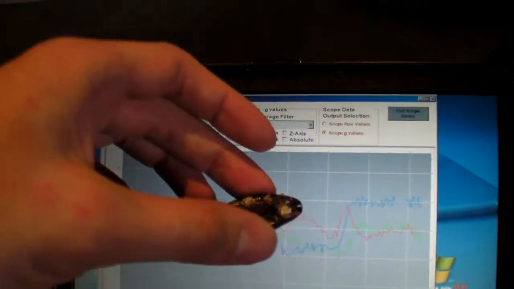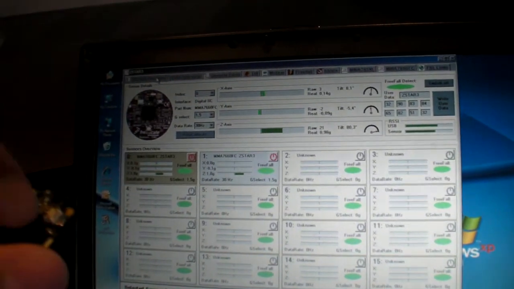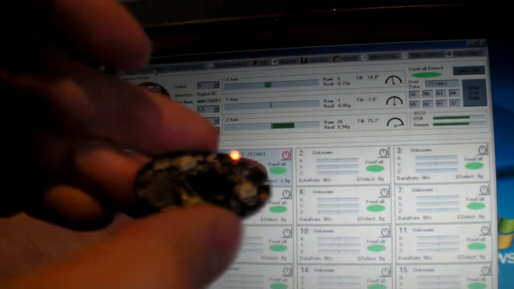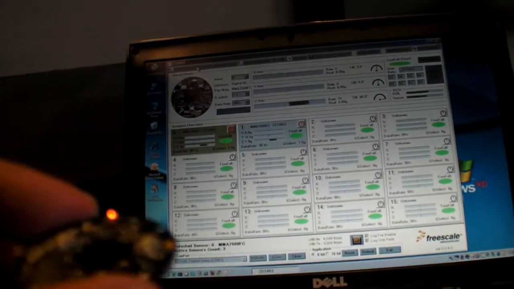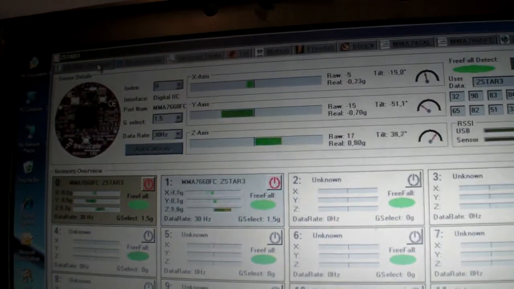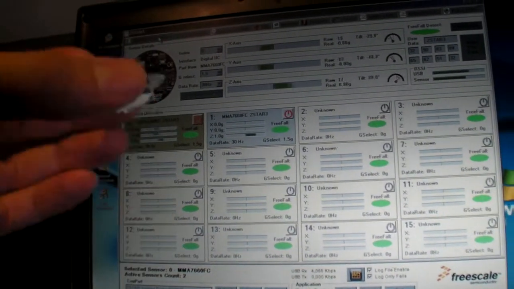So this little tiny chip is just a corner of this. It's not even the whole little thing, right? It's just a corner. Exactly. This is the one we've seen at the beginning. Yeah, these are the accelerometers. And here you can see still on the screen that we have two different sensor nodes working at the same time. And you can, of course, get the information of both with ZigBee, up to 16 sensor nodes at the same time.